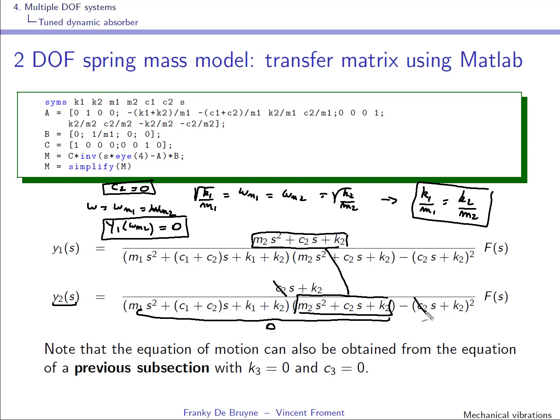So you see that y2 at the natural frequency of the secondary system, which is also the natural frequency of the first system, is equal to minus 1 over k2.